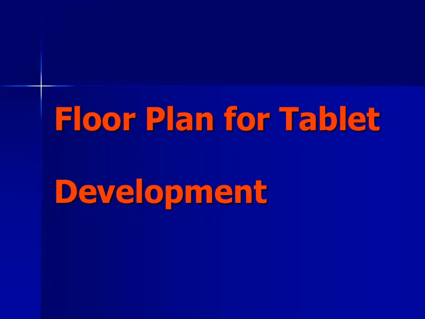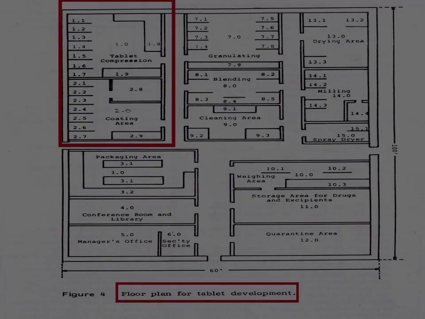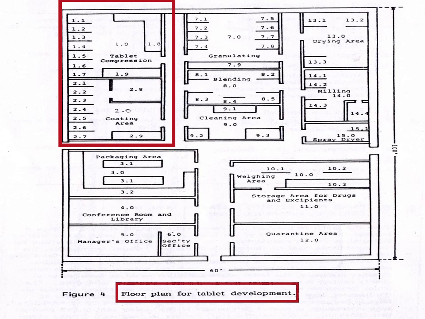So now the floor plan of the tablet development. I assume that you all remember the pharmaceutical engineering knowledge, where you studied a lot of machineries. So now this is your pilot plant.